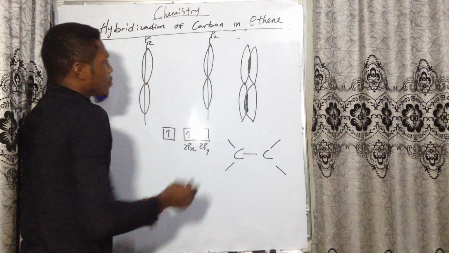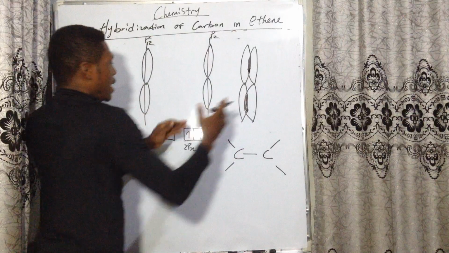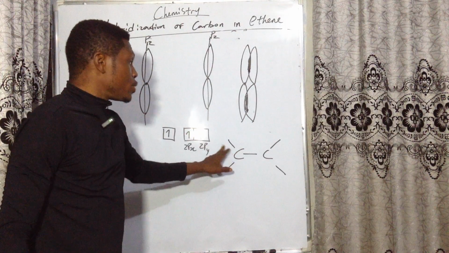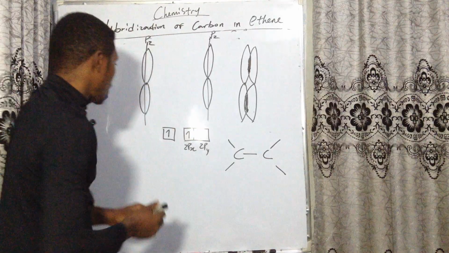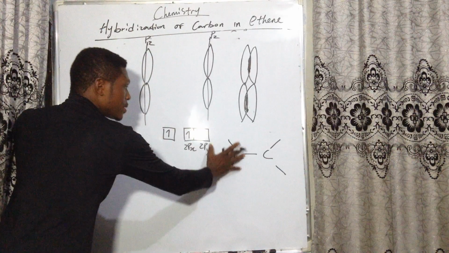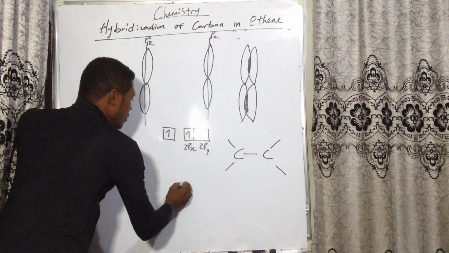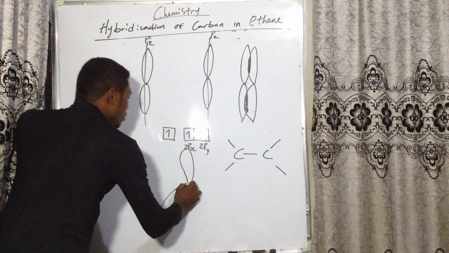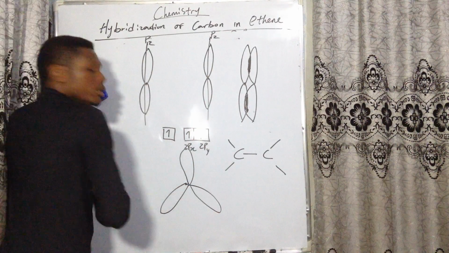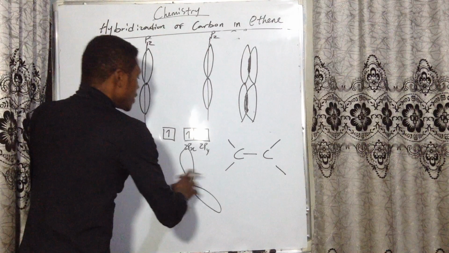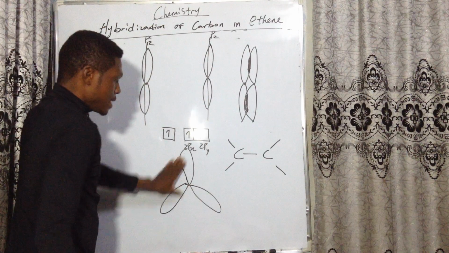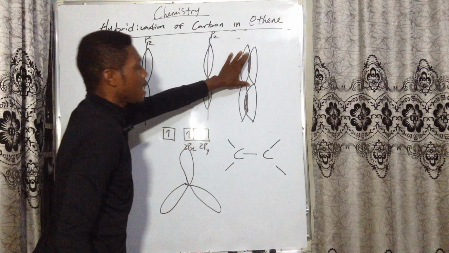So you see that the electrons being overlapped in this bond are less than the electrons being overlapped in this bond. Remember, the bond is like this. Okay, you see. So the electron cloud here is bigger than the electron cloud here.